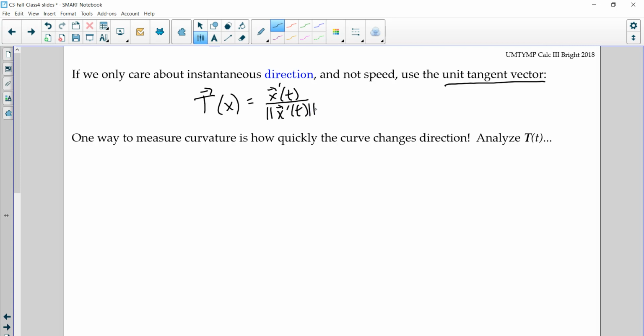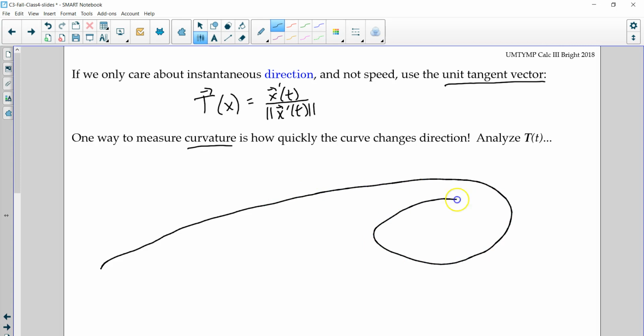To measure curvature, we want to look at how quickly the curve changes direction. Say I have a curve like this, and then it curves in and spirals a little bit. As I look at that unit tangent vector, I'm going to space them out, kind of like what he was doing in the video.